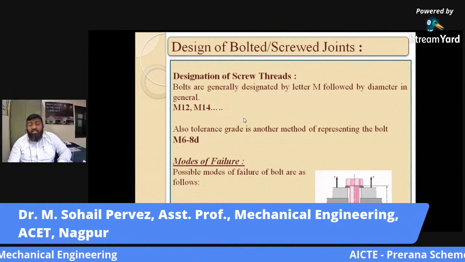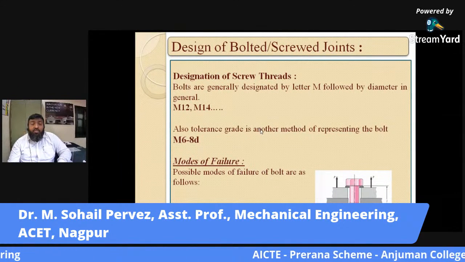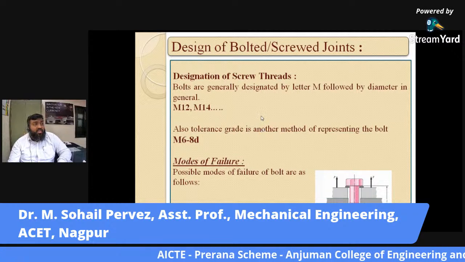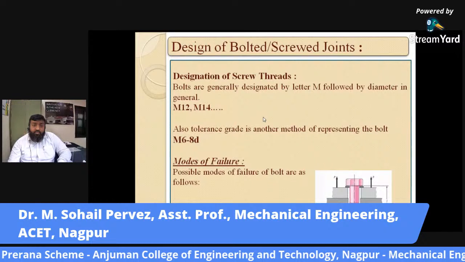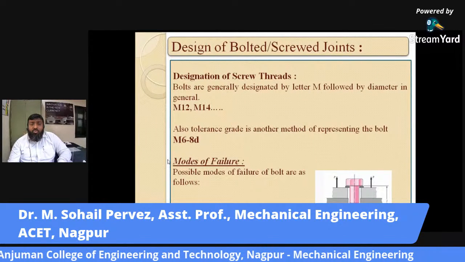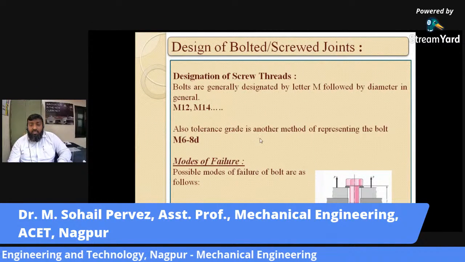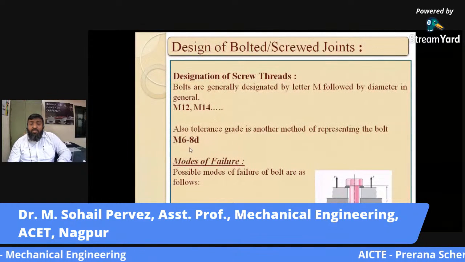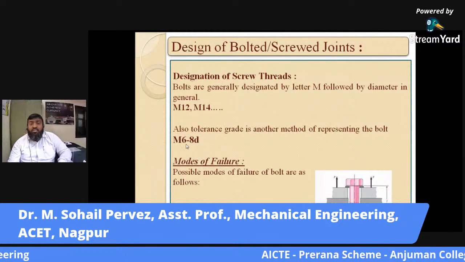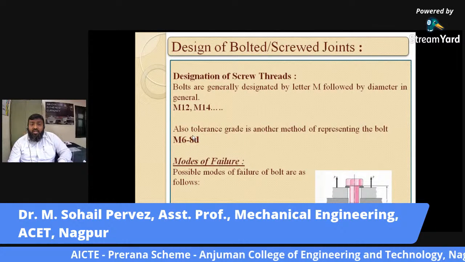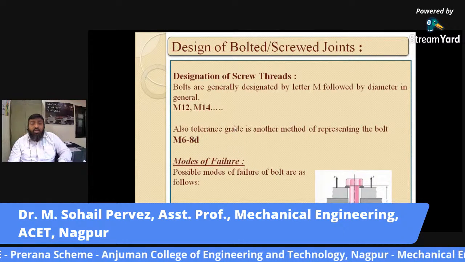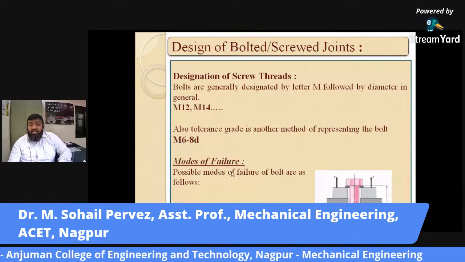Now again, threads have three different types of classification: coarse thread, fine thread, and normal threads. Also, some bolts require a tolerance grade to designate the screw thread. In that case, we may write it as M6-8D, so the tolerance grade is added to this designation.